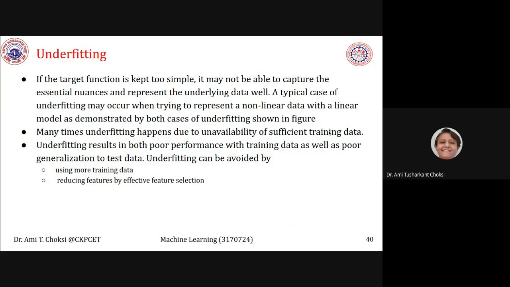So many times underfitting happens due to unavailability of sufficient training data. If data is not there, how can we fit it for any particular curve, isn't it? Underfitting results in both poor performance with training data as well as poor generalization to test data.